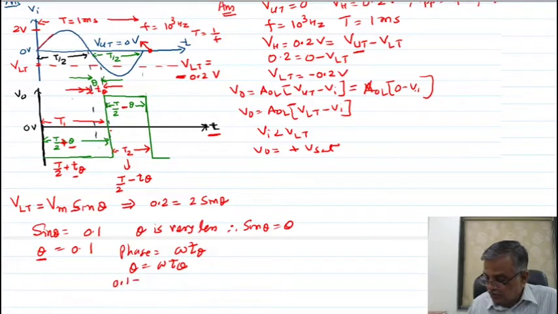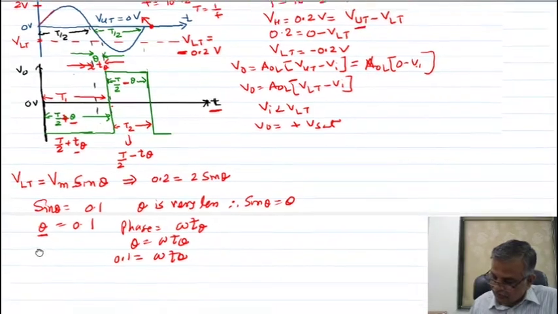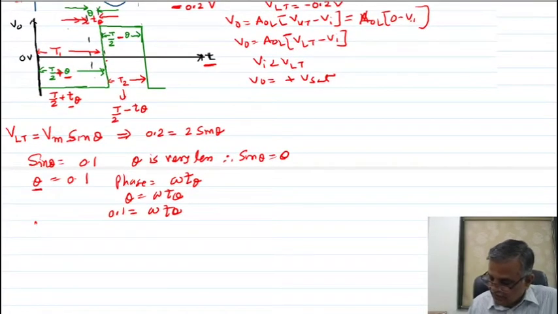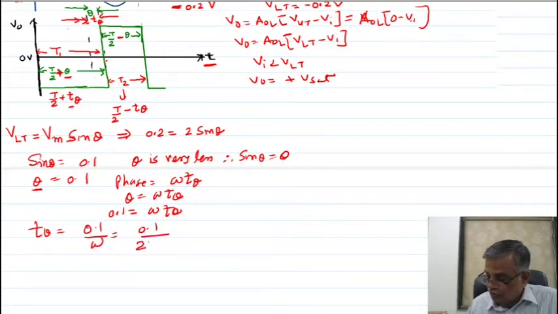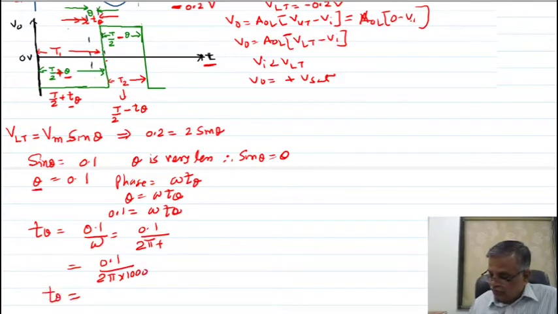So 0.1 is equal to omega t theta. So I can write t theta is equal to 0.1 upon omega, 0.1 upon 2 pi f. So 0.1 upon 2 pi into 1000. If you calculate this value, you will get 0.016 millisecond.